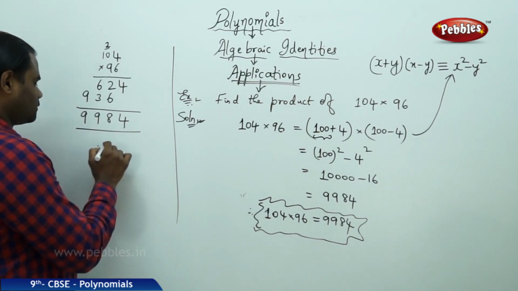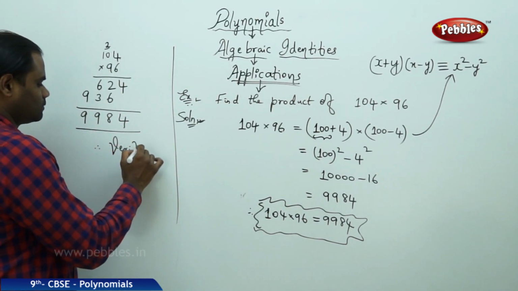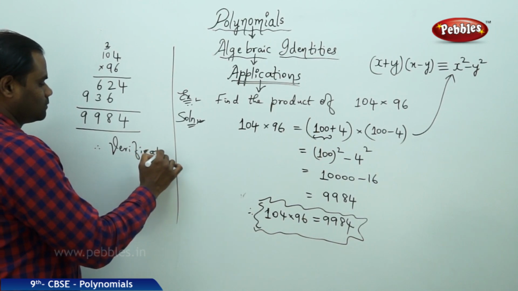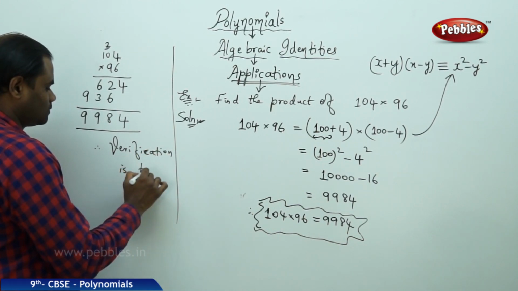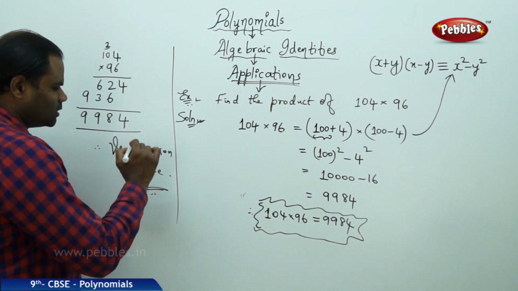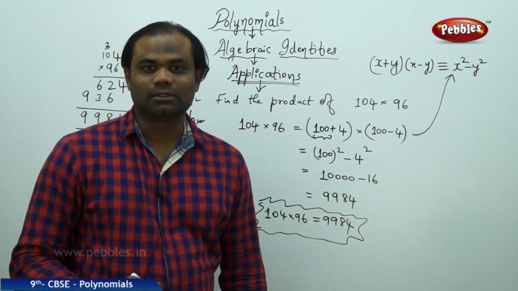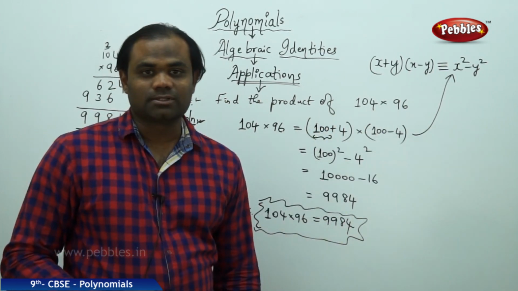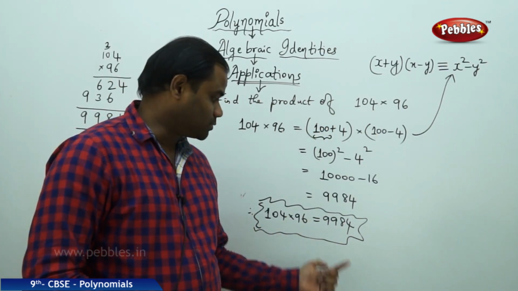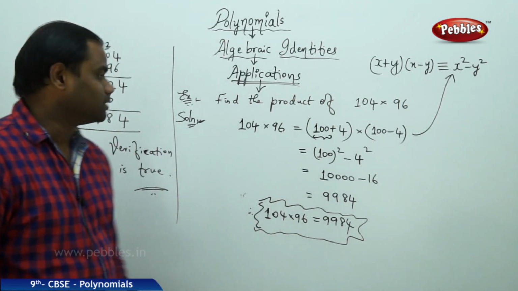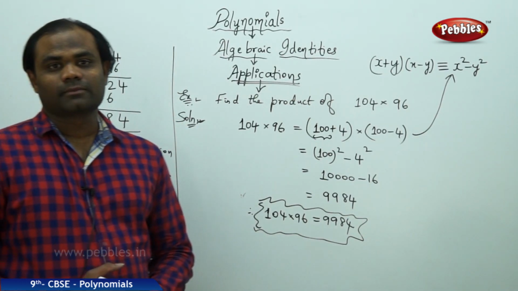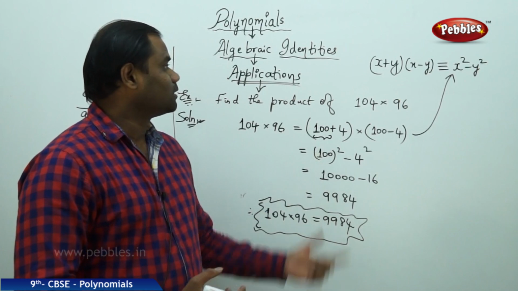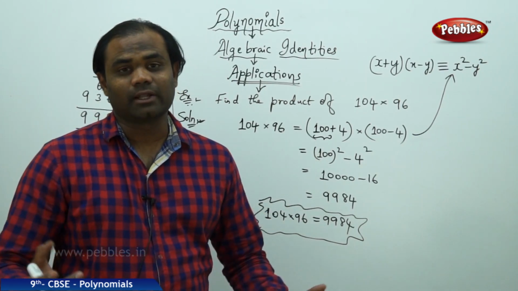Therefore, the verification is true, is what I make the learning outcome. The learning of the product of two numbers using algebraic identity holds true as compared to the general multiplication. Applications of algebraic identities in real life.